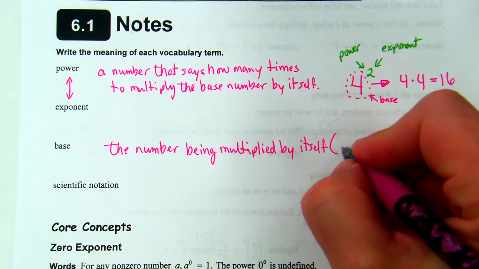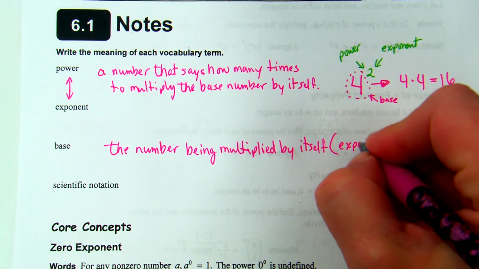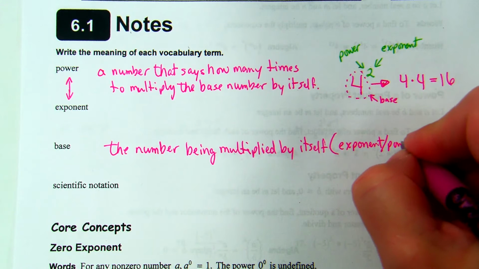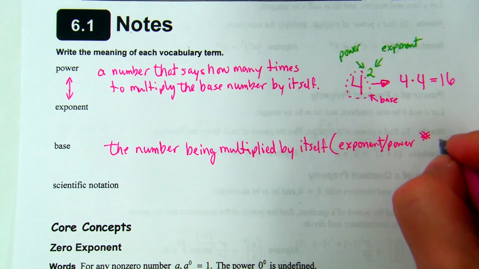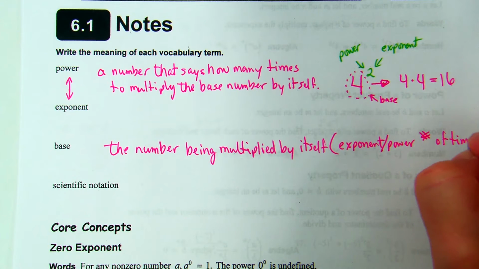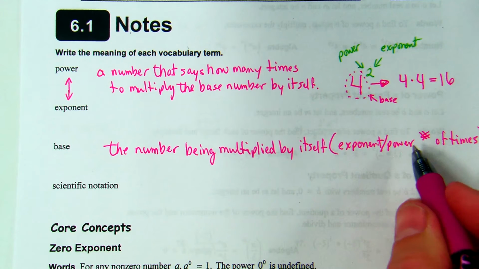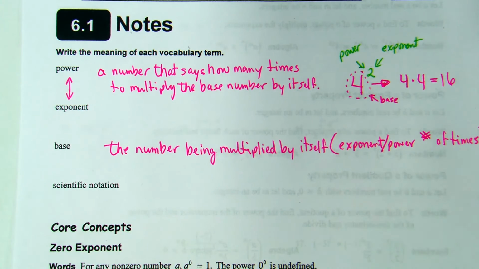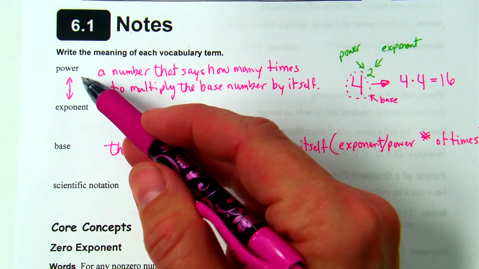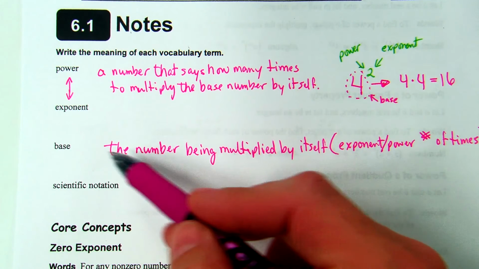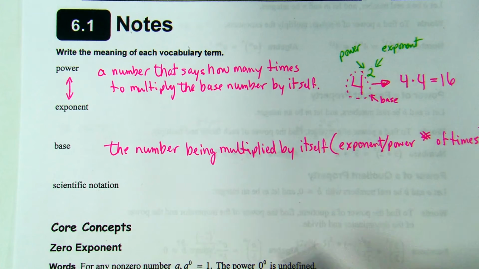It is the exponent or the power number of times. So if the exponent of the power is 3, then I'm going to multiply by itself 3 times. So that's kind of using the vocabulary from this to make the definition for base, and obviously using base in the definition of power. But we see the example here that gives us a little more information about it.